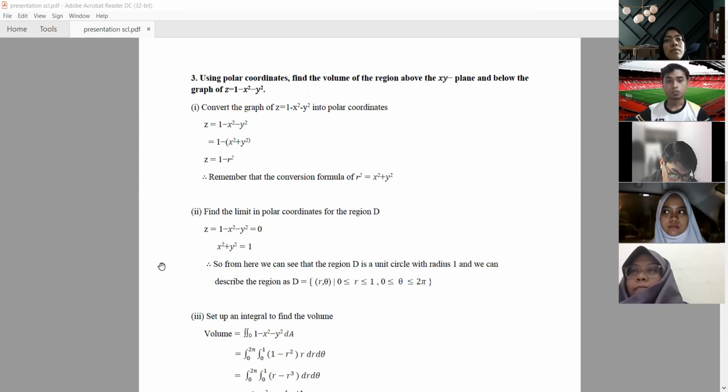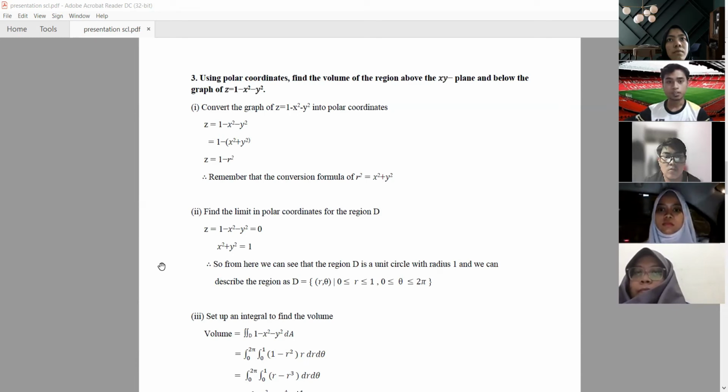To do this conversion, we need to remember the formula r squared equal to x squared plus y squared. There are also two other conversion formulas, which are x equal to r cos theta and y equal to r sin theta.